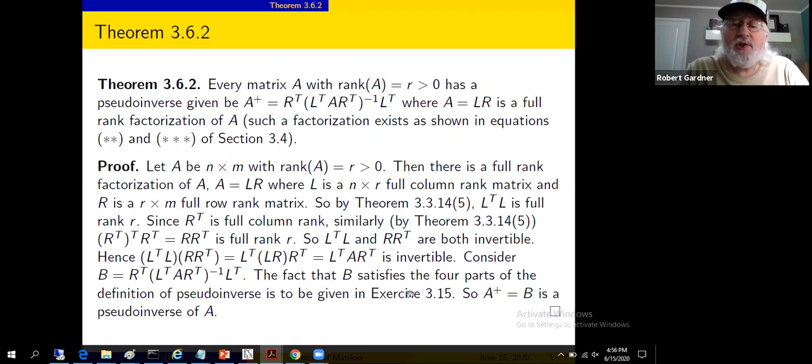All we have to do is show that B satisfies the four parts of the definition of pseudo inverse, and that's just computational, and that part of the proof is left as an exercise. So indeed, B is a pseudo inverse of matrix A once those computations have been processed. That gets you the existence of a pseudo inverse of a matrix A.